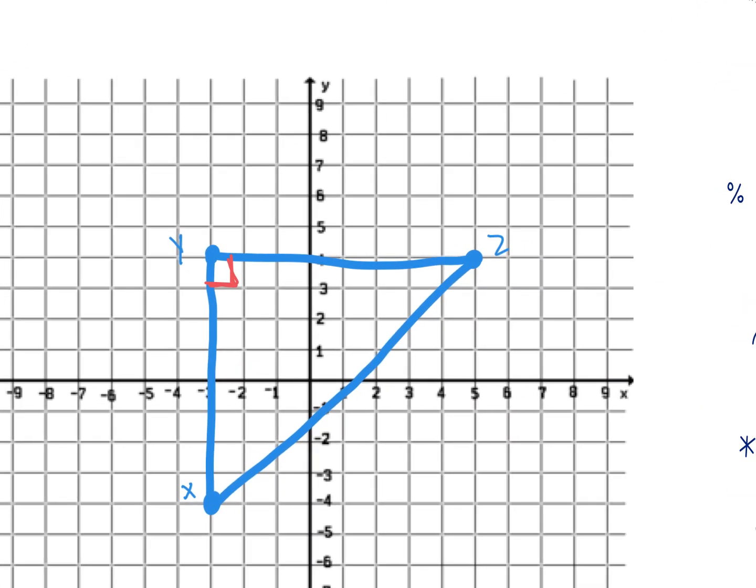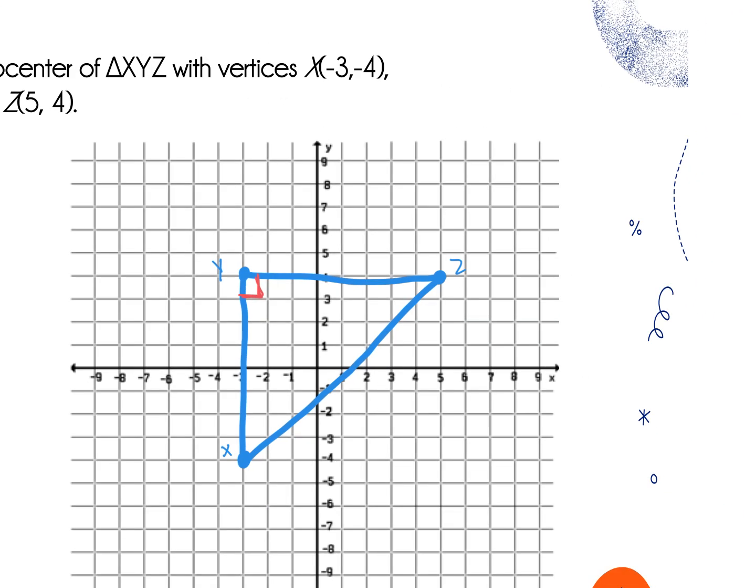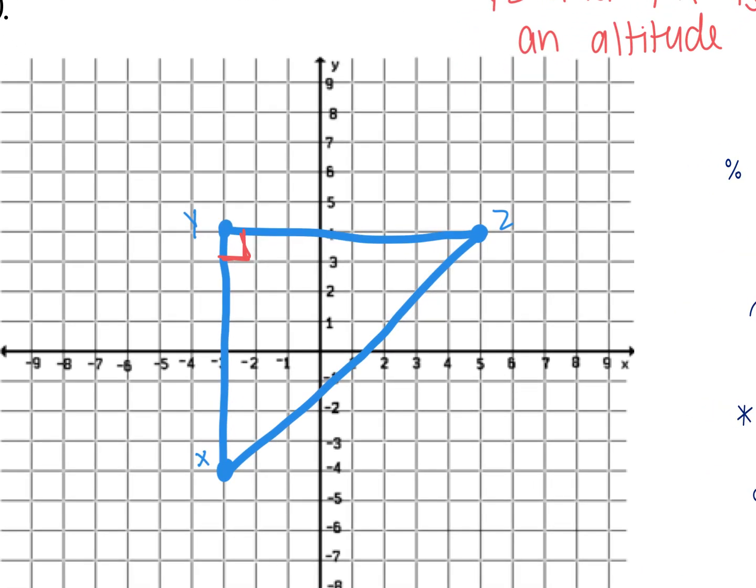That is telling me YZ and YX is an altitude. What does that mean? If I'm looking at this, in order to draw it, this is my altitude. Same thing here, this is my altitude. So we could already kind of see where they're intersecting.